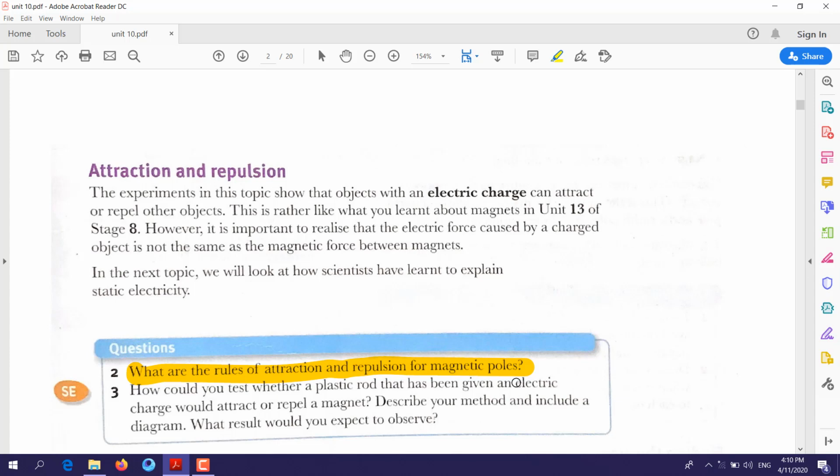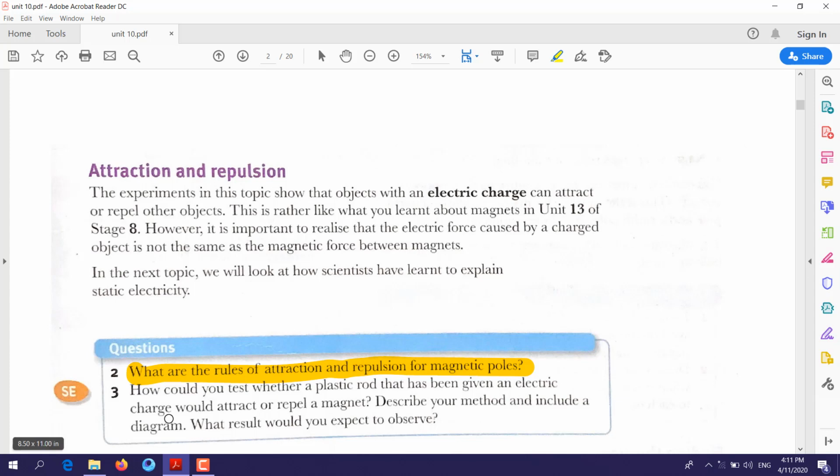When you have positive next to positive or negative next to negative, they will repel each other. So the rules of attraction and repulsion in magnets: different charges will attract each other, and the same charges will repel each other.